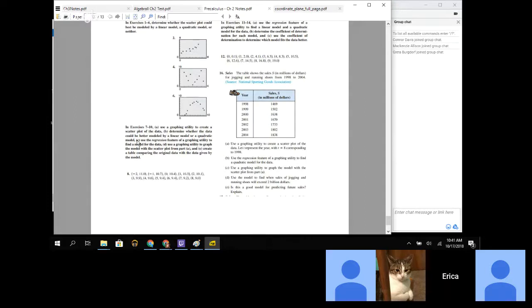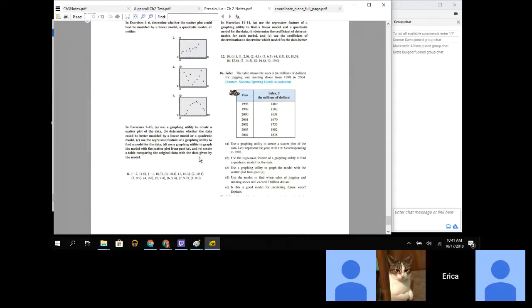B, determine whether the data could be better modeled by a linear model or a quadratic model. C, use the regression feature of a graphing utility to find a model for the data. D, use a graphing utility to graph the model with the scatter plot. And E, create a table comparing the original data with the data given in the model.